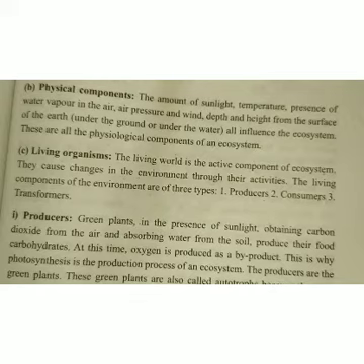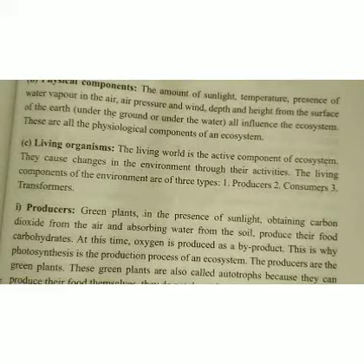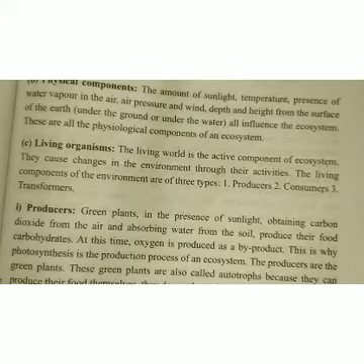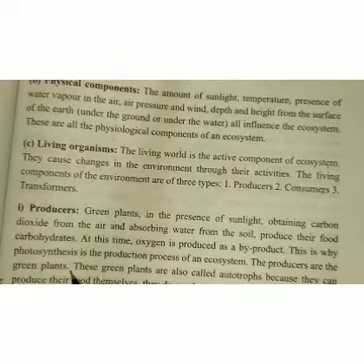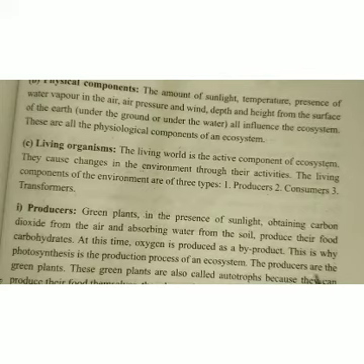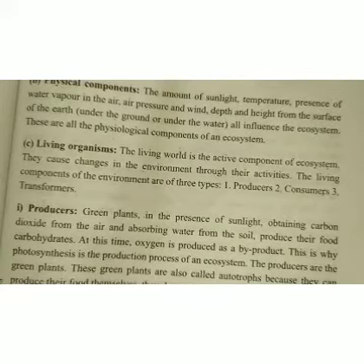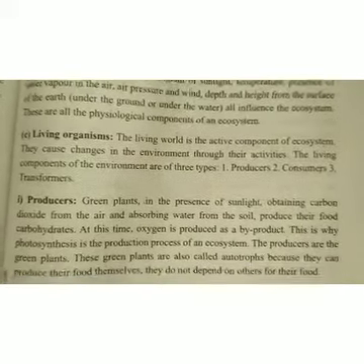This is why photosynthesis is the production process of an ecosystem. The producers are the green plants. These green plants are also called autotrophs because they can produce their food themselves. They do not depend on others for their food.